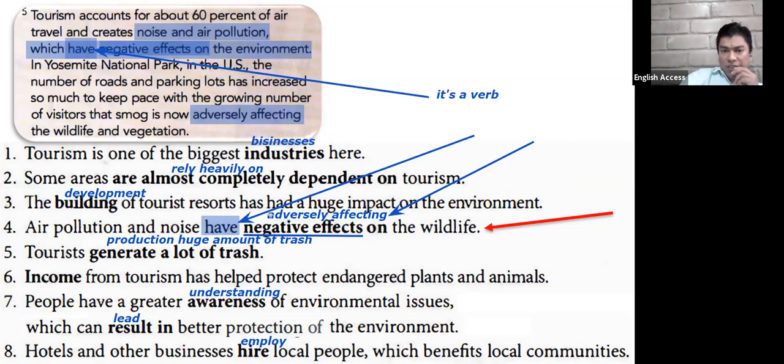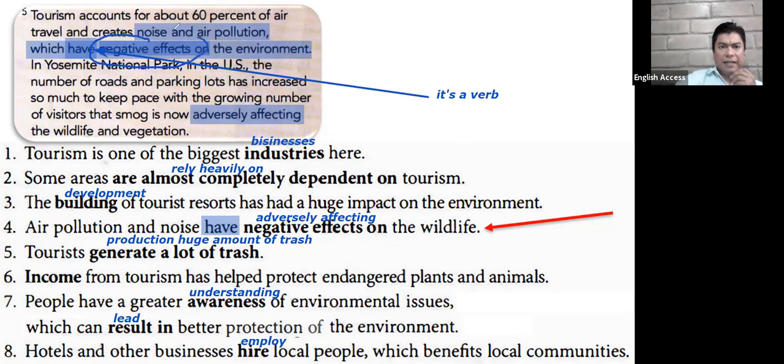So I need to change this adversely affecting from being a verb to an adjective form or something different. How can I make it correct? How can I make that into an adjective, just like the one over here, negative effects?